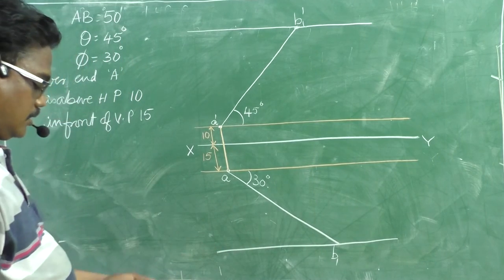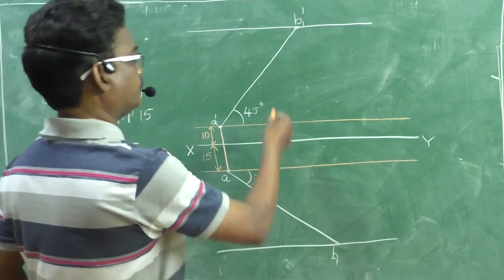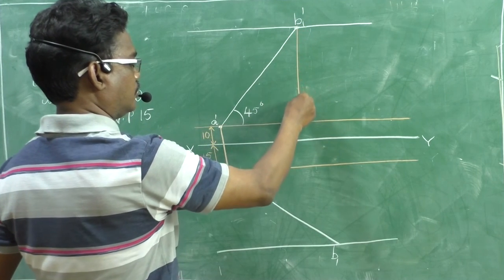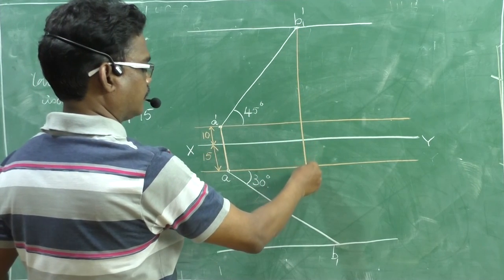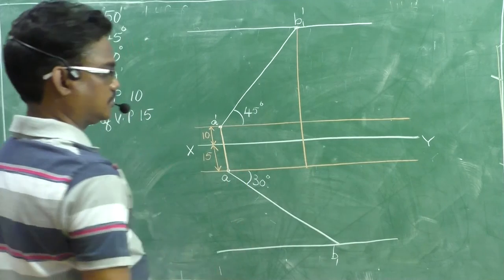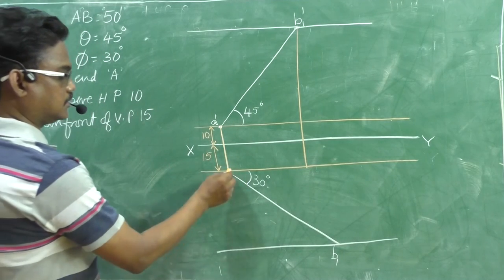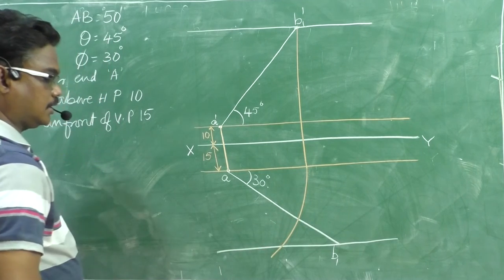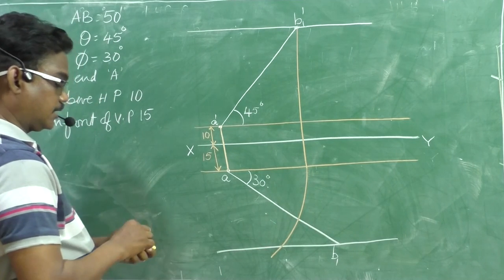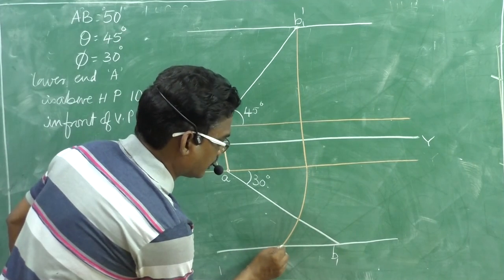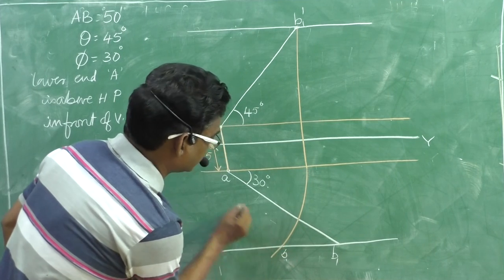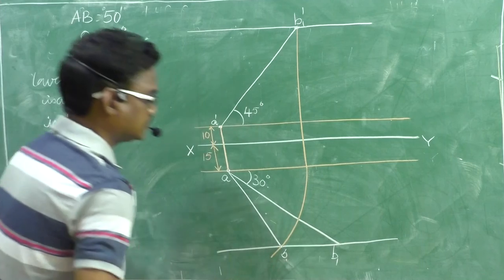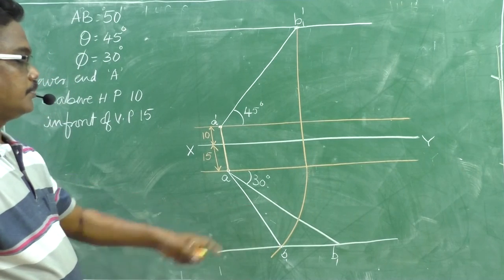Okay. Now project the moving point in the front view downwards up to the horizontal line passing through the fixed point. After that, with this A as center, rotate it. Okay, you get a cutting point here. This is B, and if you draw a line in between these two, this is the required top view.